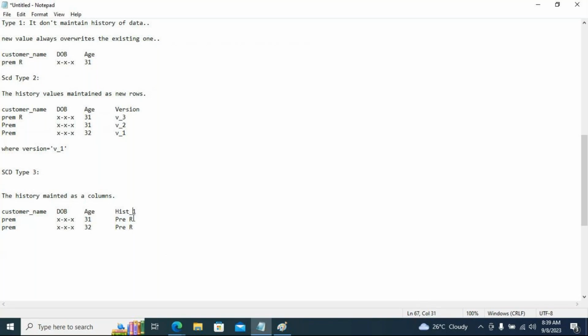Here it is maintained as a column, right? As I said, it is added as a column. So what is the history age? 31.